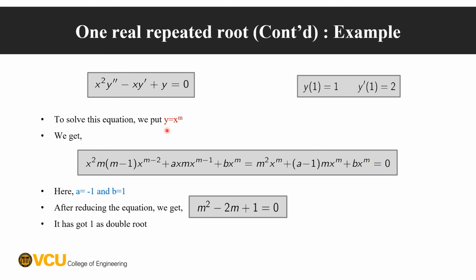We go to y equals x to the power m, and we get something of this kind. We can say a equals minus 1 and b equals 1 from this equation. So if we reduce it, we get m squared minus 2m plus 1. If we solve this equation, we get m equals 1. So 1 is a double root.